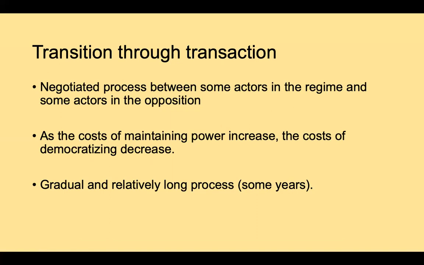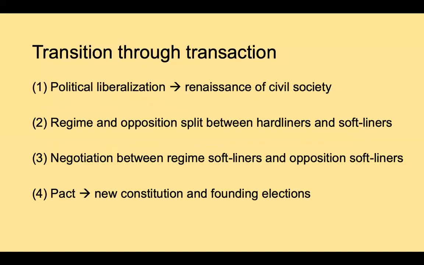And even if they're able to retain a lot of influence and bargain their way to a strong position in the new democratic regime, it's always the case that there is some impetus or some reason that it's becoming more difficult for them to maintain power, either because they're losing political support or because the circumstances surrounding the rule are beginning to deteriorate. It's always the case that maintaining power becomes more costly and democratizing becomes comparatively less costly, even though the process takes several years.